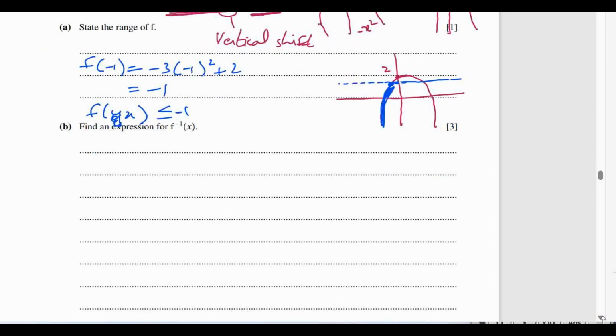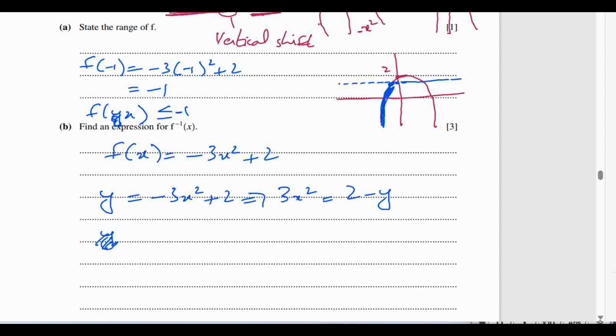Let's move on to the next part. Find an expression of f inverse of x. So first of all, as we can see that f of x is equals to -3x square plus 2. So the steps was y is equals to -3x square plus 2. So 3x square is equals to 2 minus y, and then x square will be equals to 2 minus y divided by 3.